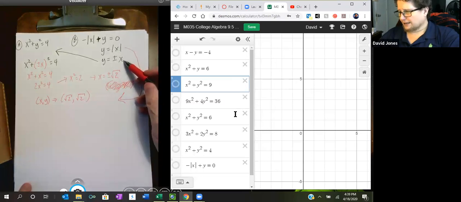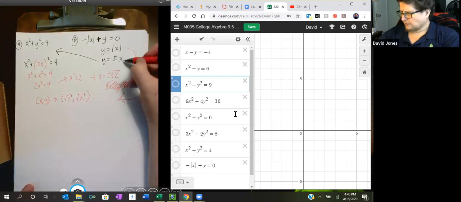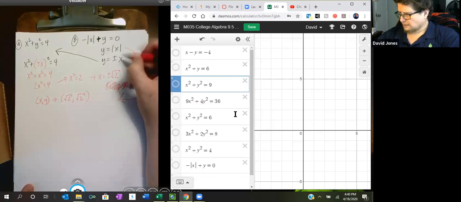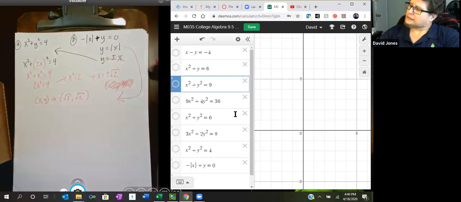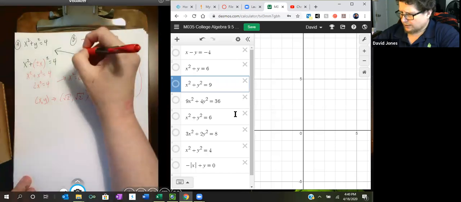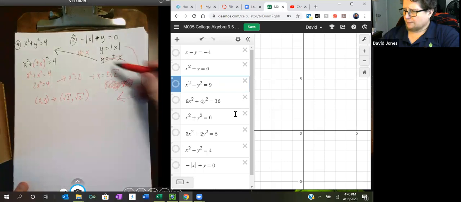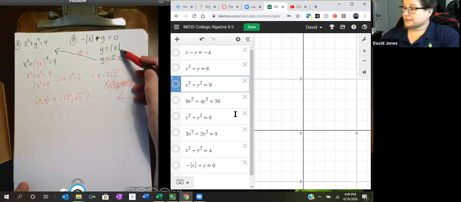If you use that one, it causes problems. This is wrong. That's incorrect. Y is forced to be positive. So the only answer there is y equals x, because y can't be negative in that circumstance.